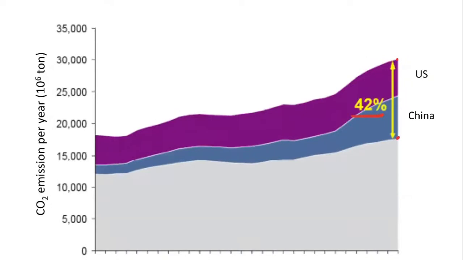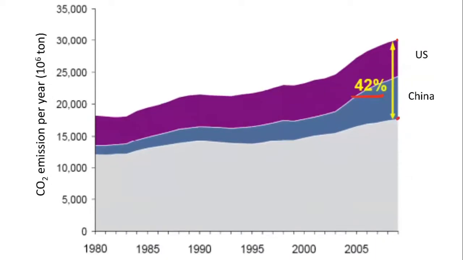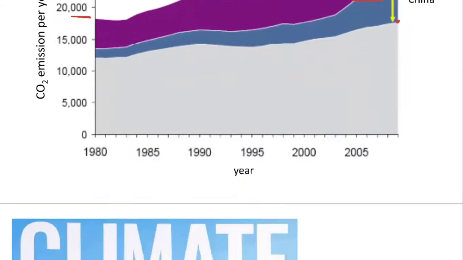So on the y-axis, again, I want to mention the units here. This is in million tons, okay, 10 to the 6 tons. But here you see it also has 3 zeros here. So we're still talking about gigatons here, right? If you put these 3 zeros in here, that would be around 20, 30 gigatons.